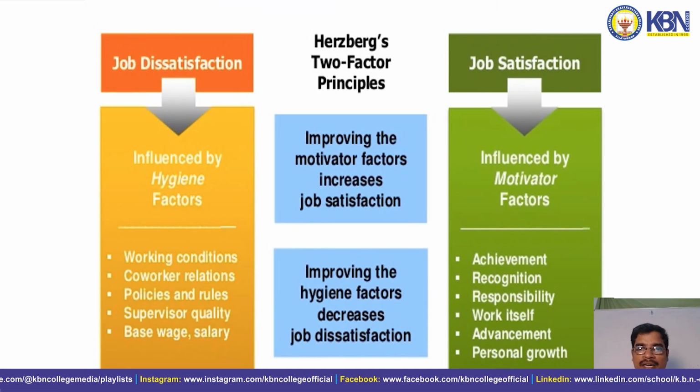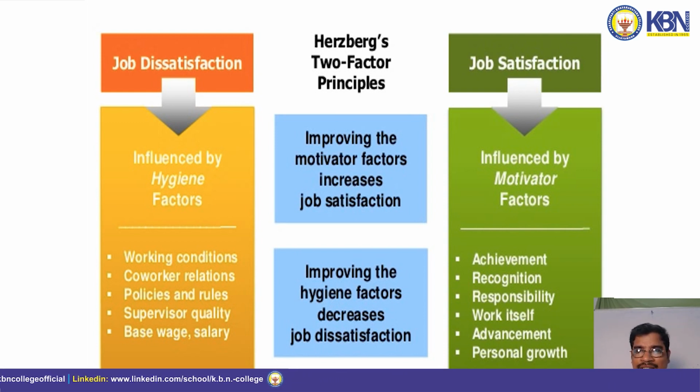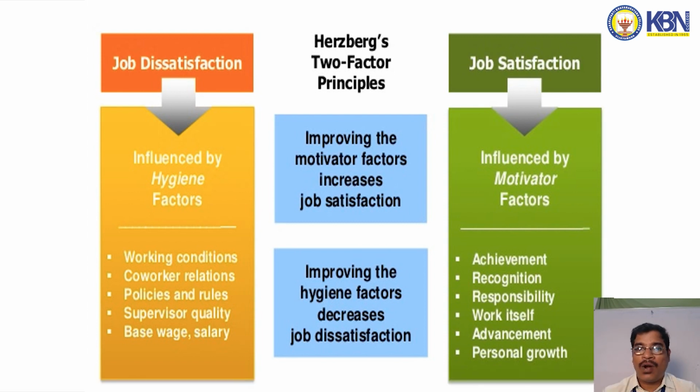And coming to the second theory, that is Herzberg two-factor theory. Professor Herzberg has explained this two-factor theory. He has done a lot of experiments and researches on how and why employees are not feeling satisfied, not having job satisfaction, what makes them job dissatisfied, and what are the factors that influence the individual to have job satisfaction.